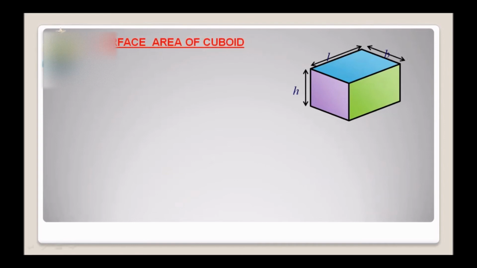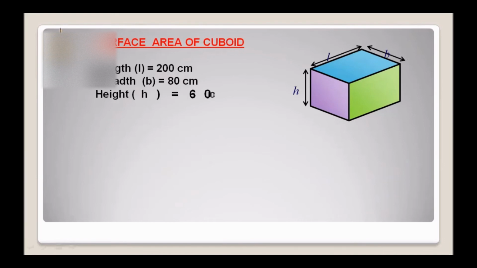Now we find surface area of cuboid. We know that length of cuboid is 200 centimeters, breadth is 80 centimeters, and height is 60 centimeters. So first we write formula.